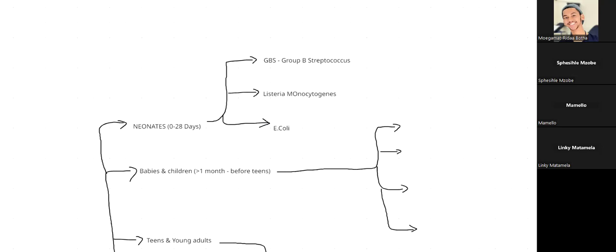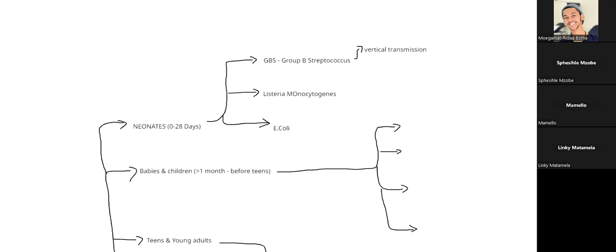So basically, during childbirth, the transmission is vertical.